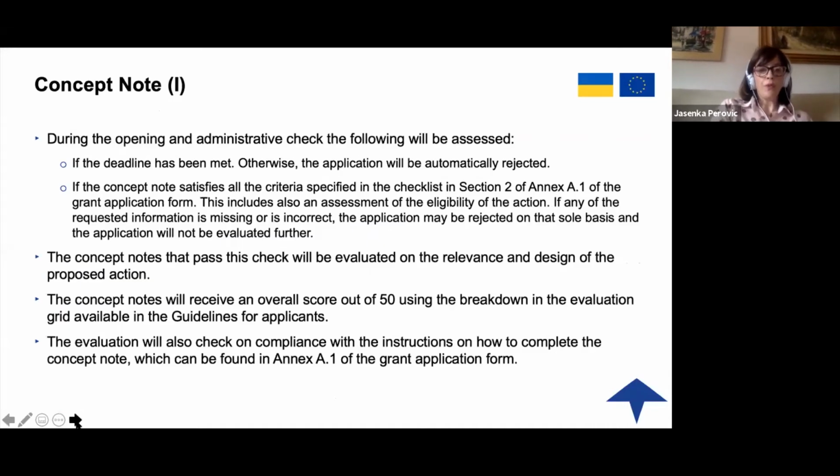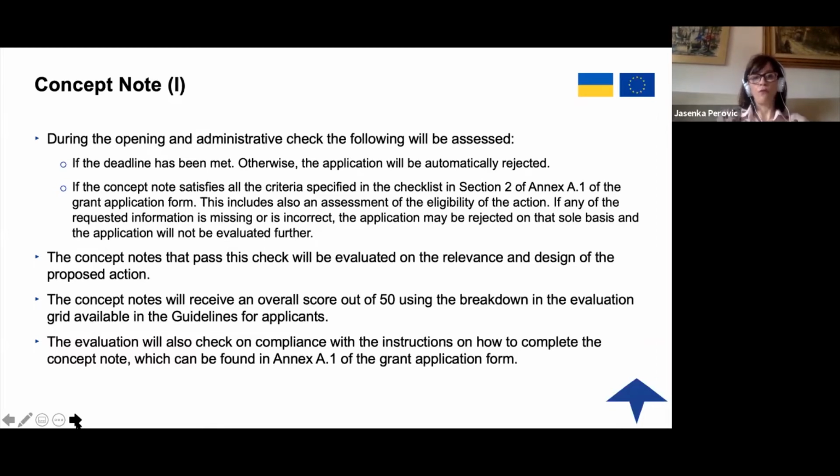Once the contracting authority receives your concept note and starts the assessment, they will start with the opening and administrative check, where they will see if you respect the deadline, have fulfilled everything from the checklists, is your action eligible, and whether any information is missing or incorrect.